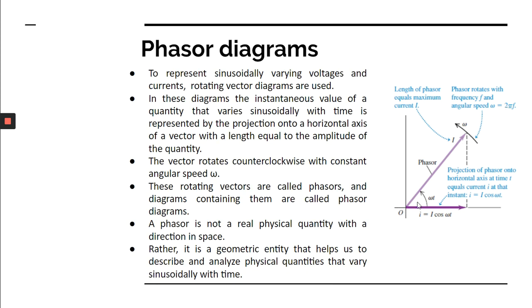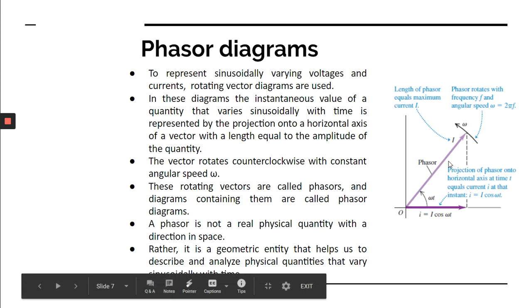This line is a vector because it is along a particular direction depending upon the values of omega and t, and its magnitude is equal to the numerical value of the maximum current. That doesn't mean I is a vector. The phasor is a vector. So this is your instantaneous value and this is your maximum value.